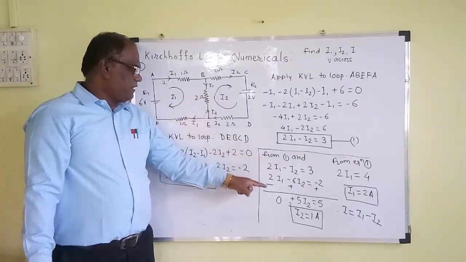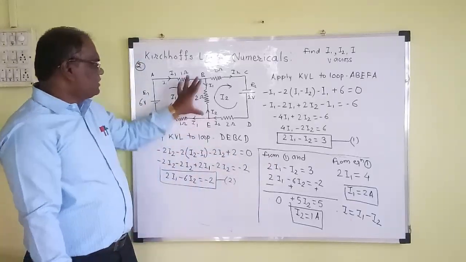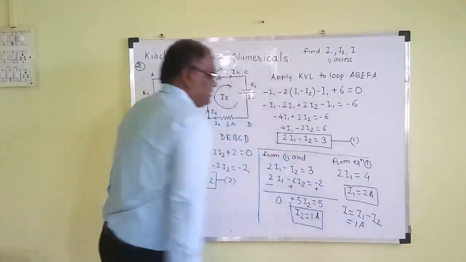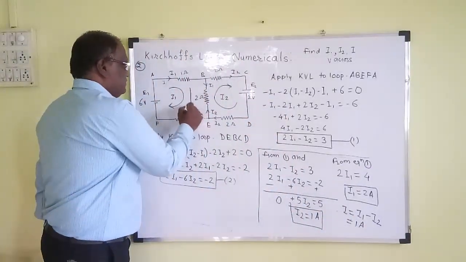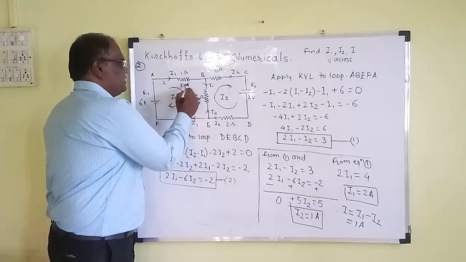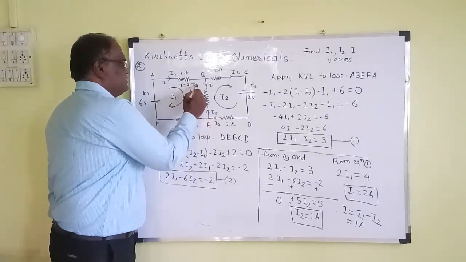I2 is 1 ampere. Hence total current flowing through the branch BE is equal to 1 ampere. And in which direction? In this direction. Thus total current I is equal to I1 minus I2.